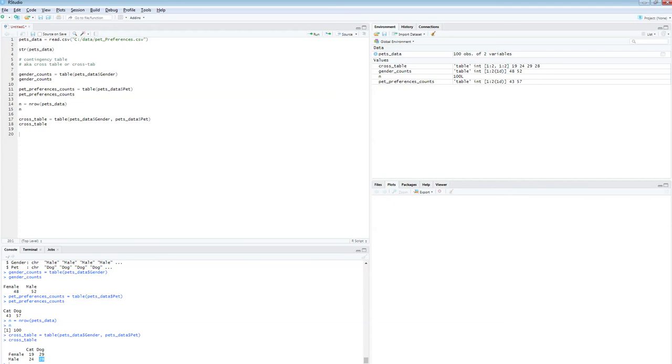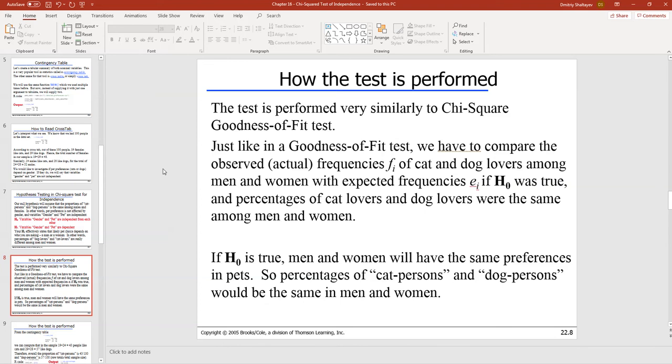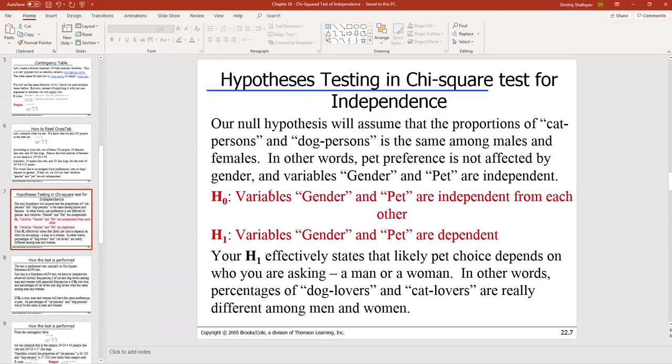Okay, so and then I'm going to assume, if you remember how we start hypothesis testing, we always assume that the null hypothesis is true. So what is the null hypothesis? Null hypothesis is that the percentage breakdown of cats versus dogs preferences is the same for males and females.